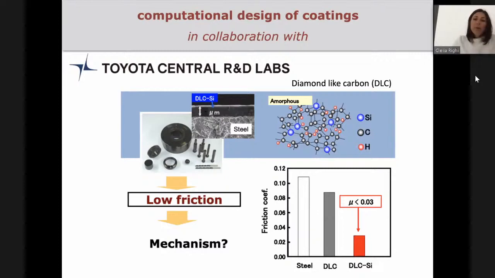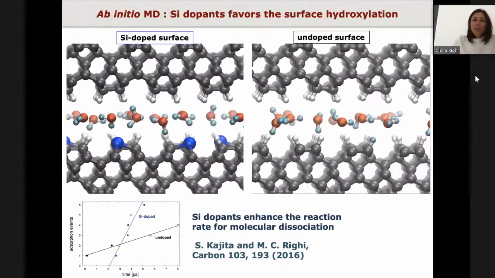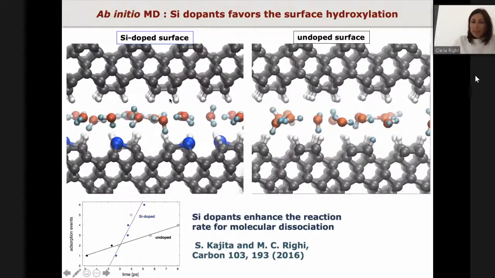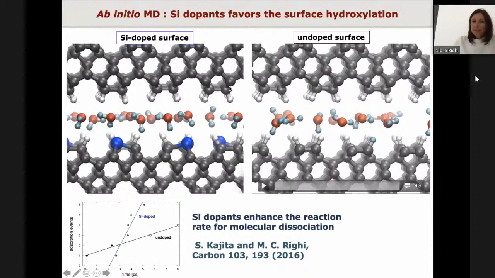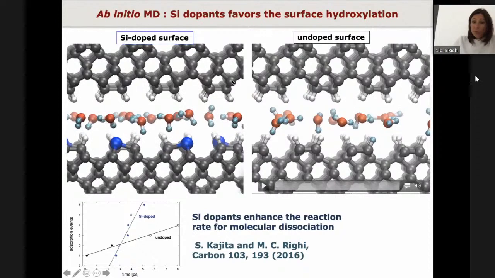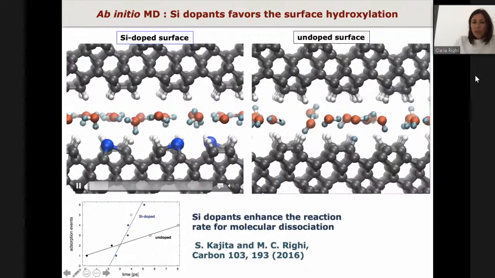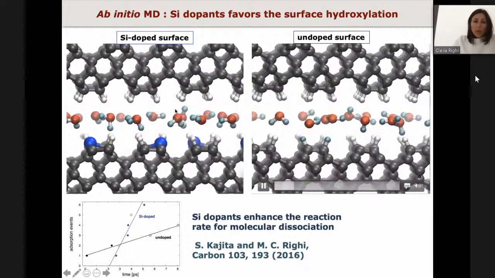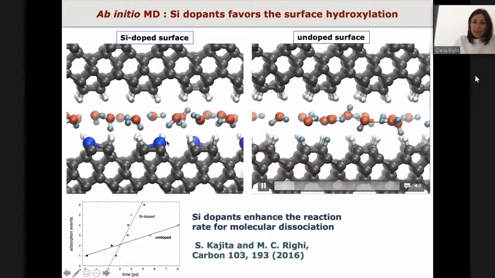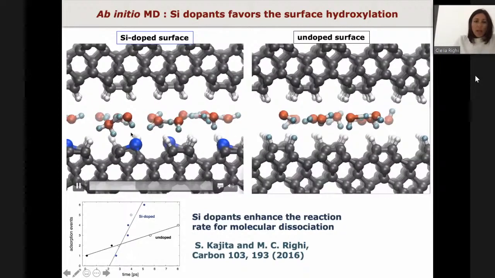So we performed ab initio molecular dynamics simulations of sliding diamond surface interfaces interacting with water molecules as those present in humid air. And we found that the presence of silicon atoms, here represented in blue, favor the surface hydroxylation.